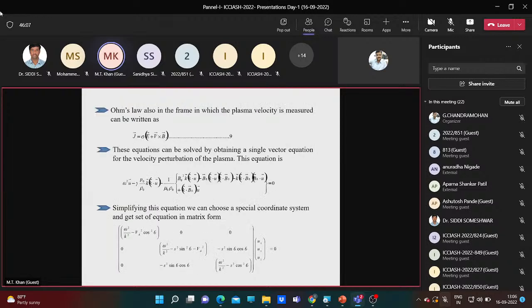In this problem, Ohm's law, in the frame in which plasma velocity is measured, can be written as J equal to sigma times E plus V cross B. Here J is the current density and sigma is the conductivity. These equations can be solved by obtaining a single vector equation for the velocity perturbation of the plasma. This equation represents a single equation of four equations. Simplifying these equations, we can choose a spatial coordinate system and get a set of equations in matrix form.